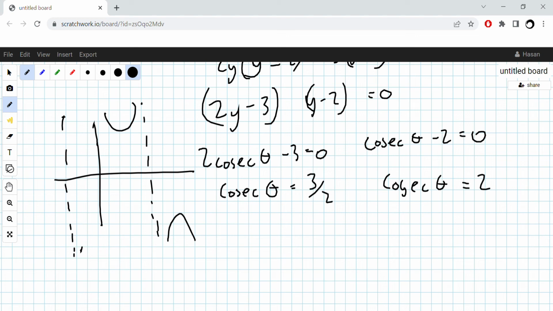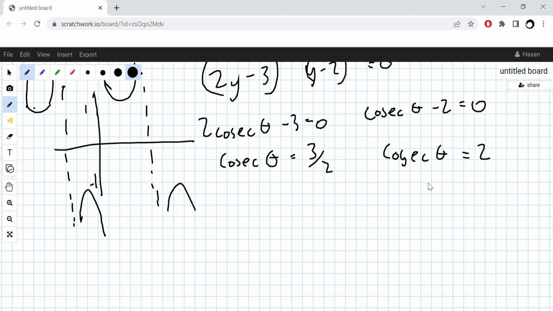Mind the drawing. 1 here and minus 1 here. They're saying cosec theta is 3 over 2, which is above, so it does lie on this cosec graph, and they're saying it equals 2, which again lies on the graph. So it could be either.